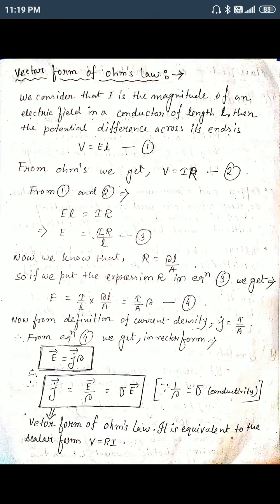So we can write E L equals I into R, or E equals I R by L. Now we know that R equals rho L by A. So in place of R in equation 3, if we put this expression, we get E equals I by L into rho L by A. So we get I by A into rho, and I by A, current by area, gives us the current density.